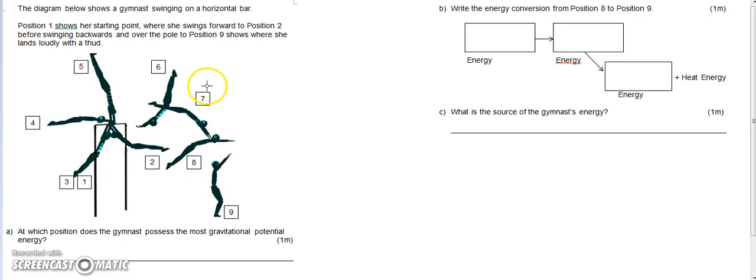Now we know that gravitational potential energy, you can always ask yourself what you already know.